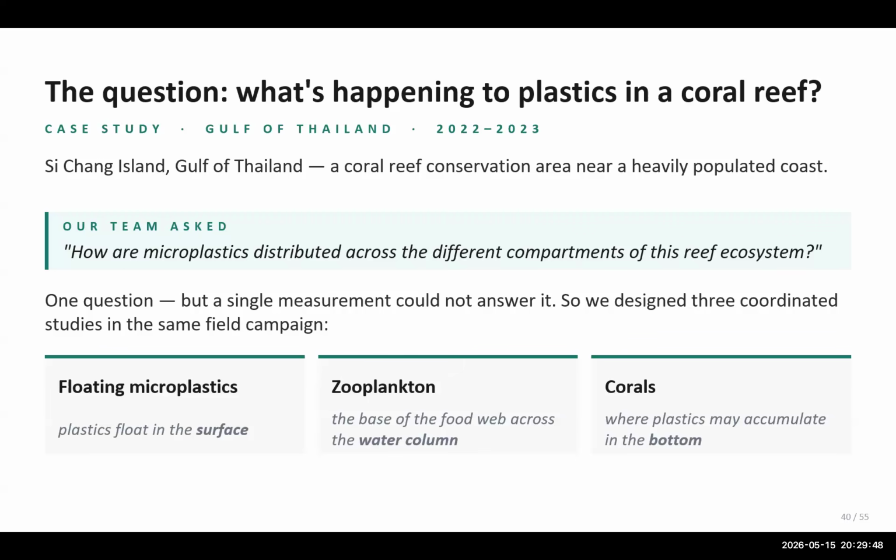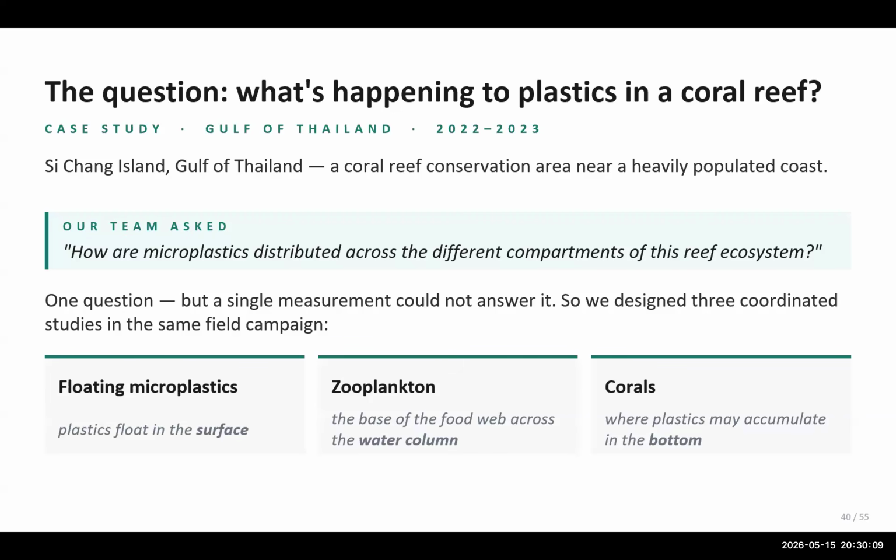Each time we went there, we sampled surface water to measure the microplastics at the surface using a Neuston net. Then we also took zooplankton samples to understand the microplastics in the water column and in organisms.